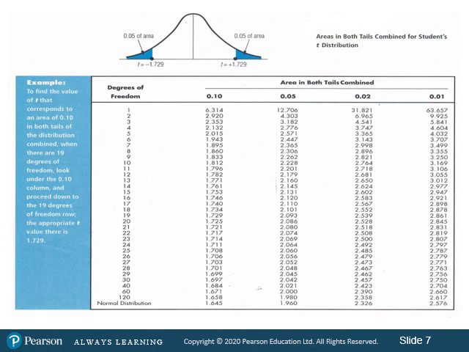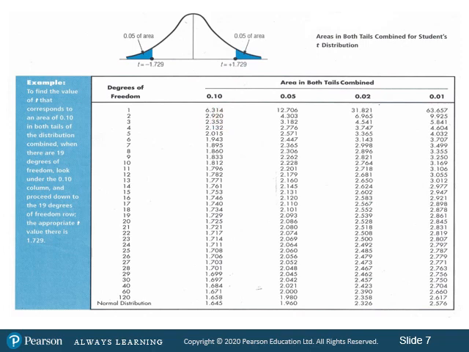So the table that we will use for all our calculations and in exams will be this table I've already given you, which is in the appendix. This table will have what we call areas in both tails combined. So if your alpha value is 5%, you will look at this column here, which is 5%. If your alpha value is 10%, you will look at this column.